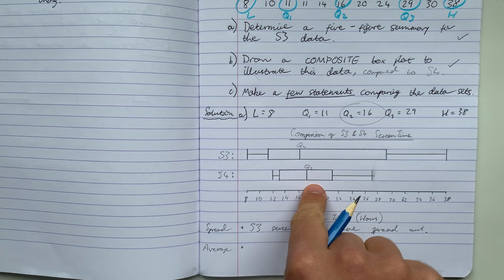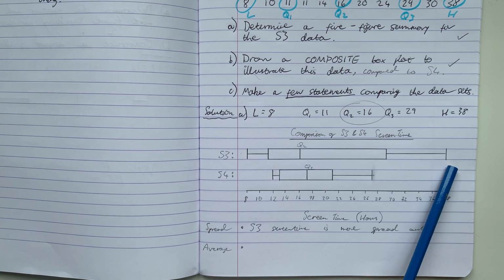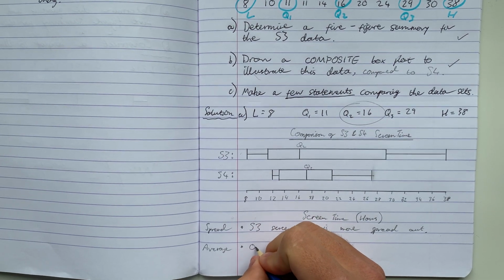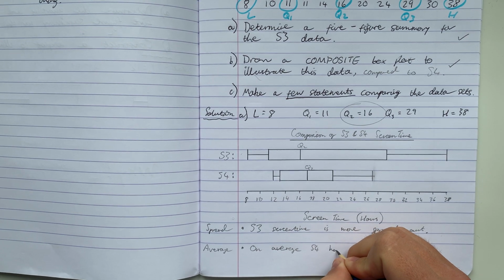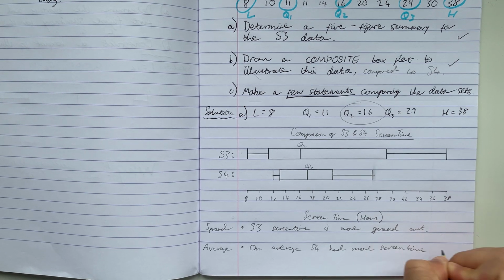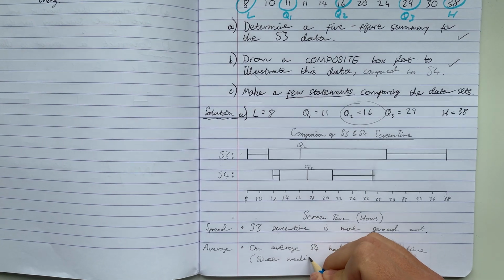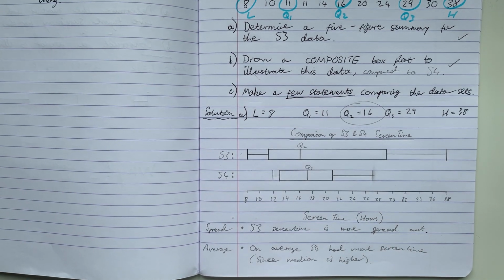So that means on average, you could argue that the S4s actually had more screen time, even though there was this one person in S3 who had way more screen time than anyone else. But on average, because it's the median that we're talking about, the S4s had more screen time. So on average, S4 had more screen time, and you can write since median is higher. And those are your two statements.